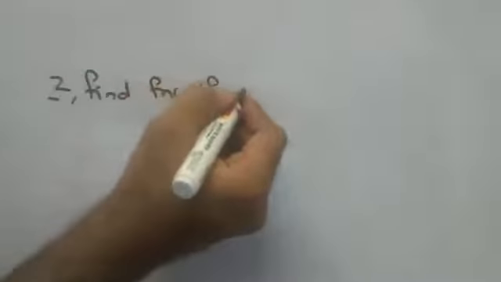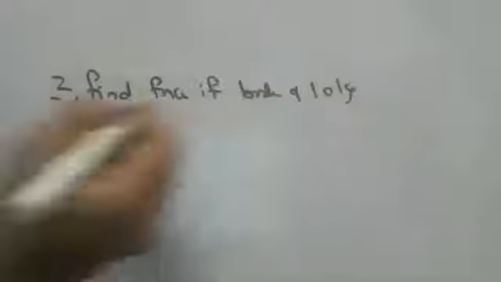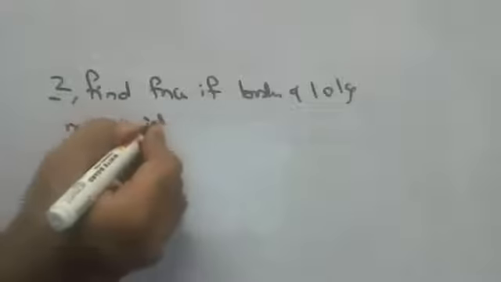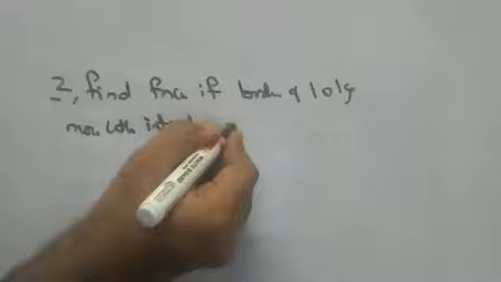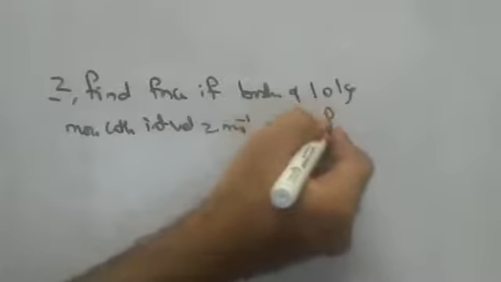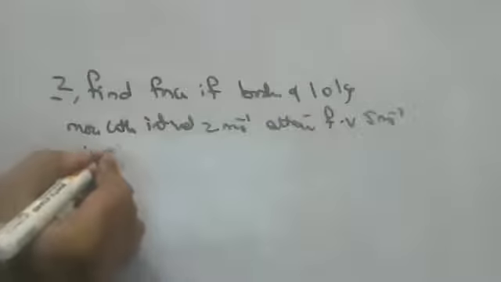Using momentum, second sum. Find force if a body of 10 kg moves with initial velocity 2 meters per second, attains final velocity 5 meters per second in 2 seconds.